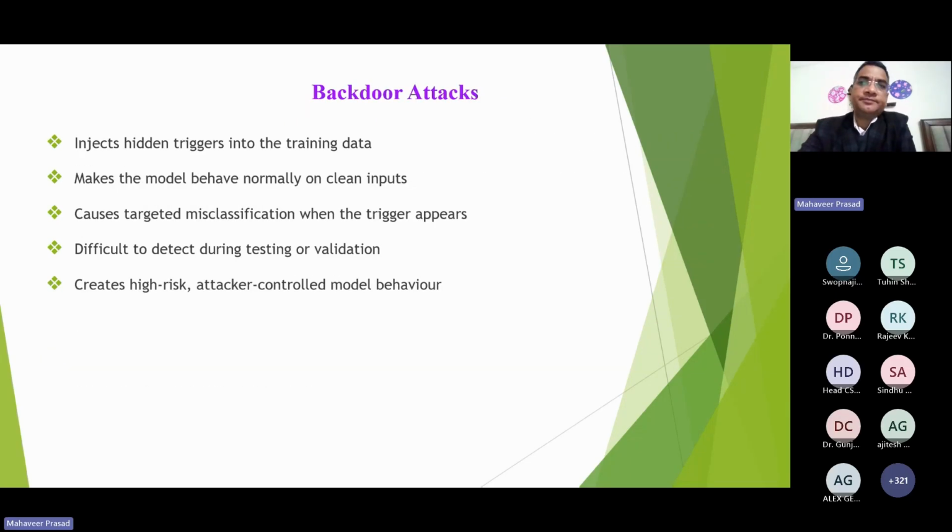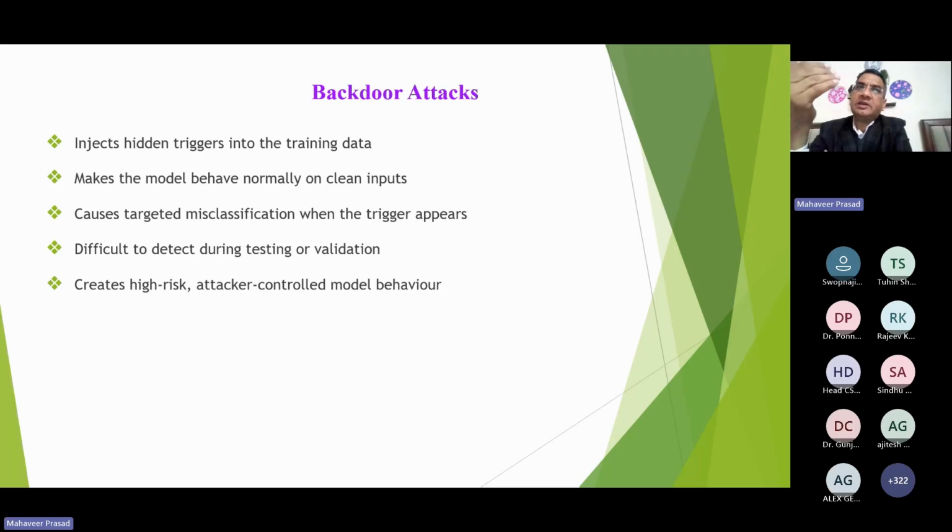Now coming to backdoor attack, which is a different category of attacks. What is a backdoor attack? It is also known as a Trojan attack. In this attack, the attacker attaches a small patch on the original data, and that patch is not visible to human eyes.